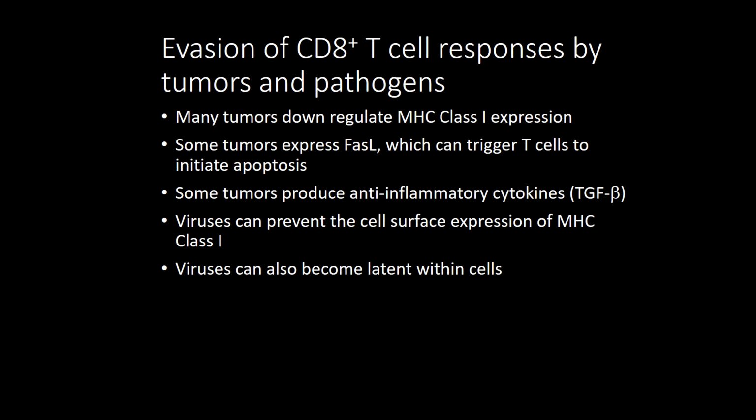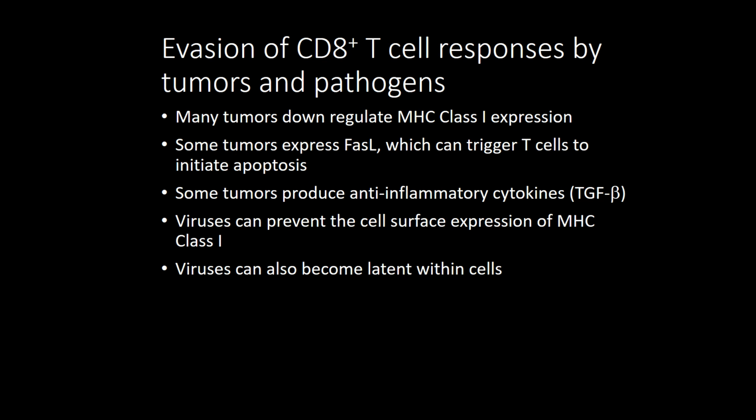Some tumors express FAS ligand, and so they can actually do the reverse. They can tell the cytotoxic T cell to go through apoptosis. FAS will also be expressed on T cells, so if the tumor expresses FAS ligand, it may interact with the T cell first to tell it to go through apoptosis.